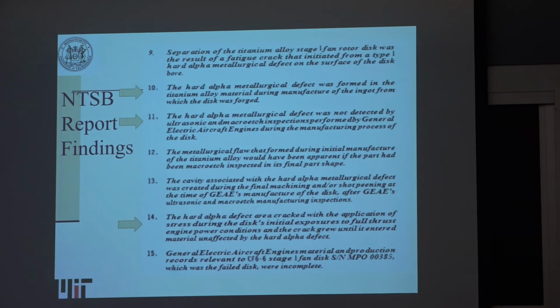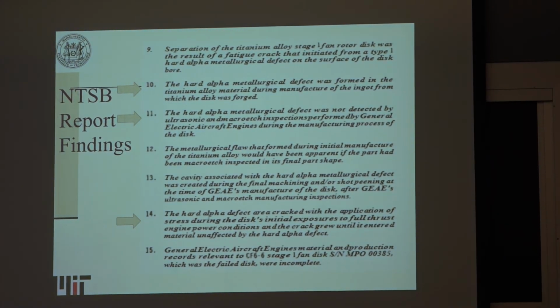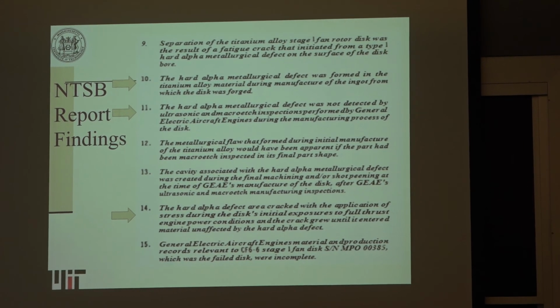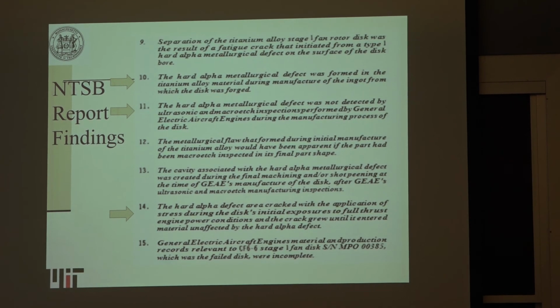Some key NTSB report findings: the hard alpha metallurgical defect was formed in the material during manufacture, from the ingot from which the disc was forged. The defect was missed not only by ultrasonic inspection, it was missed by a macro etch inspection that was performed at the GE facility.